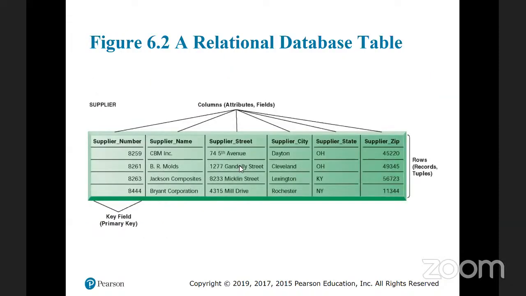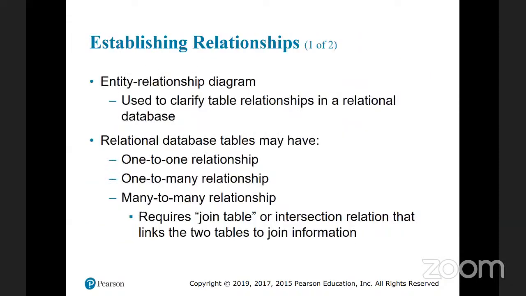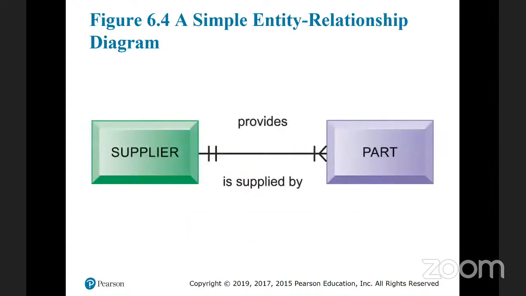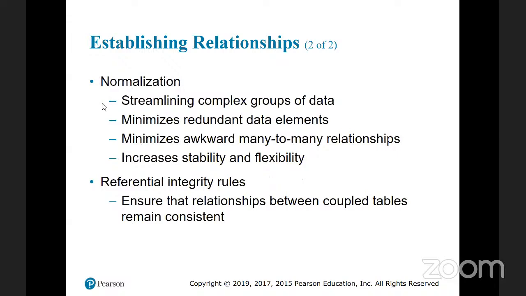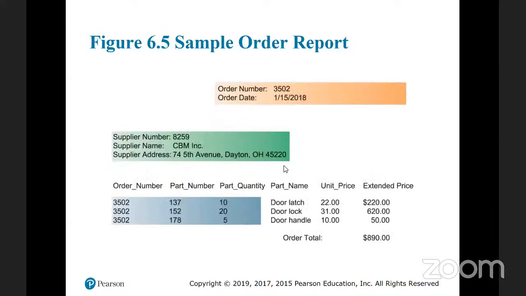So it's not necessarily the case that people are using electronic databases even when the data is important. And once you have an electronic database with a lot of data, you want to make sure it is normalized and follows basic referential integrity rules. If you have done database management, you know what I'm talking about. Otherwise, you can learn it at UTech or go online, where there are lots of YouTube videos that explain how that works.